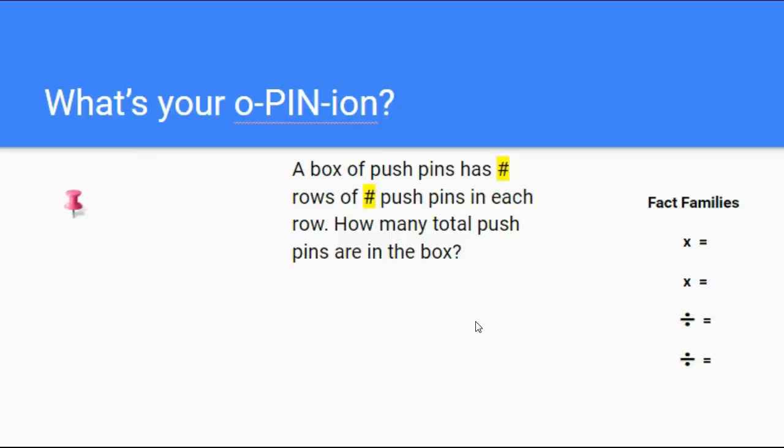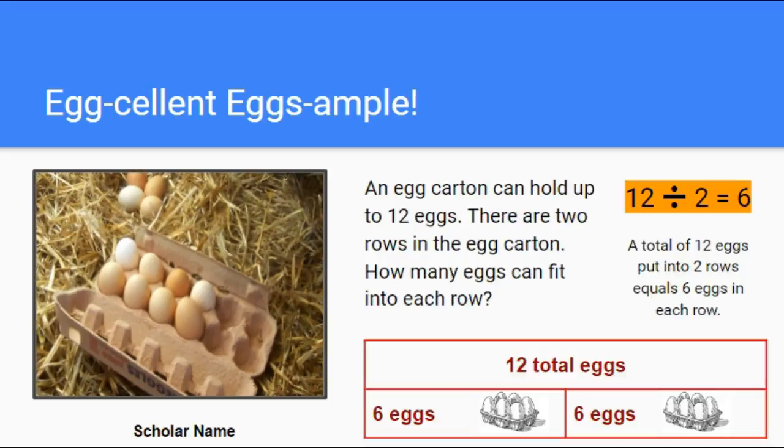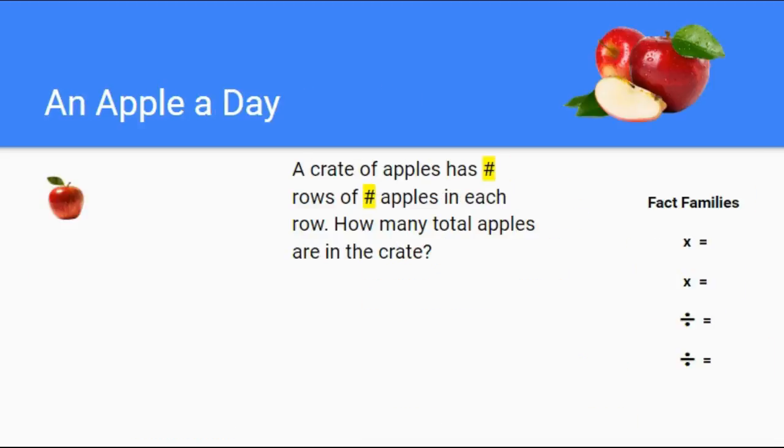Now, I created the one with 4 rows of 6 push pins. So I'm going to challenge you to create something different for this one. And then when you finish this and you've made all your proper points here that you want to make, and you included all of the information you need to make on both sides, both the slide that's kind of like this and the slide that's sort of like that, and you've done it for this one, you can move on to this one, an apple a day.